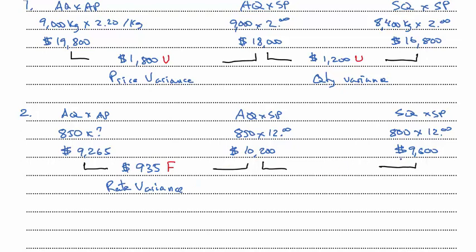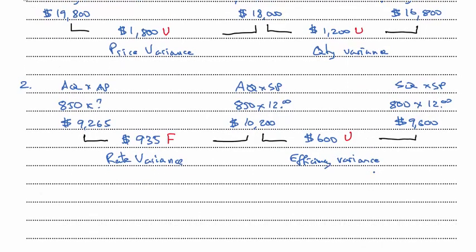And the efficiency variance, though, is unfavorable. 9,600 to 10,200 is $600. So the overall variance here is favorable because the rate variance is more than the efficiency variance. So that's what we get for labor.